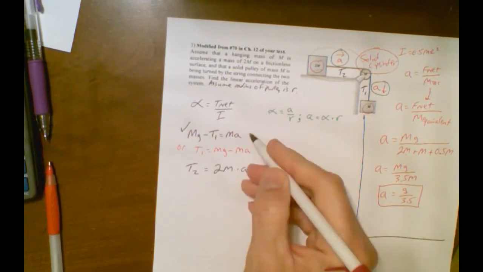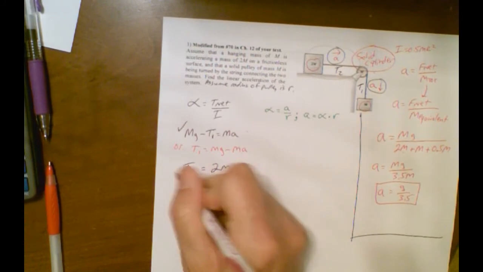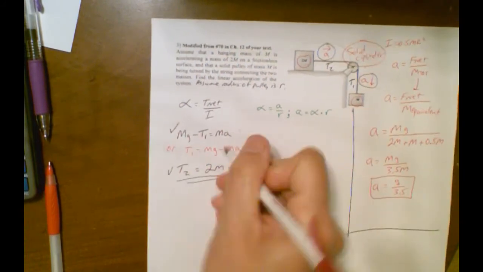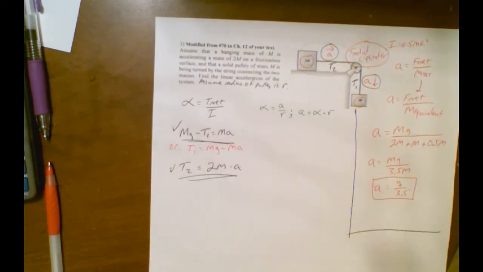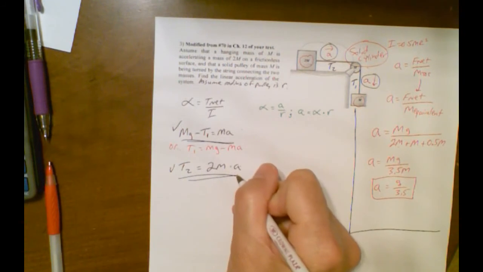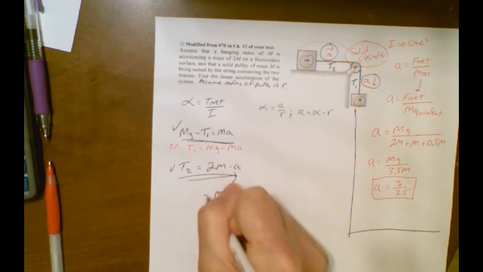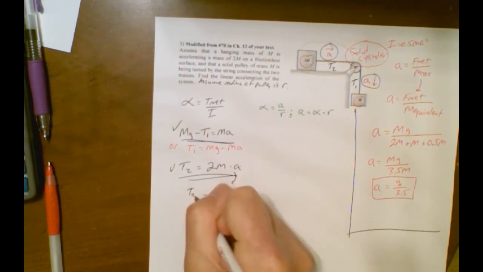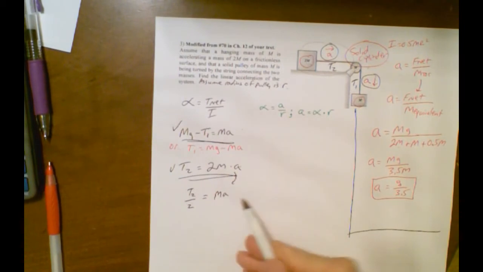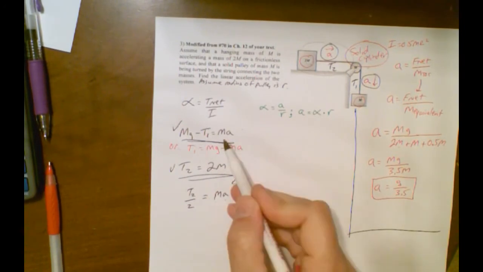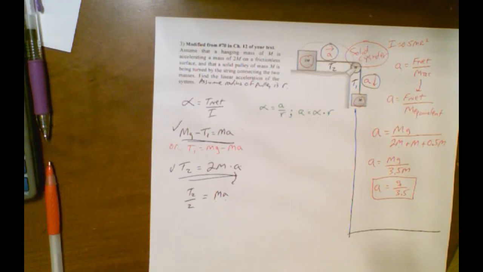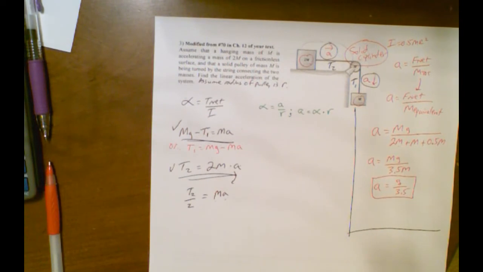Same acceleration here as we have here. So now what I can also do is think about this as ma is equal to T2 over 2. Why is that important? Well, I've got ma over here and I've got ma up here, and that's going to be fairly useful to think about.